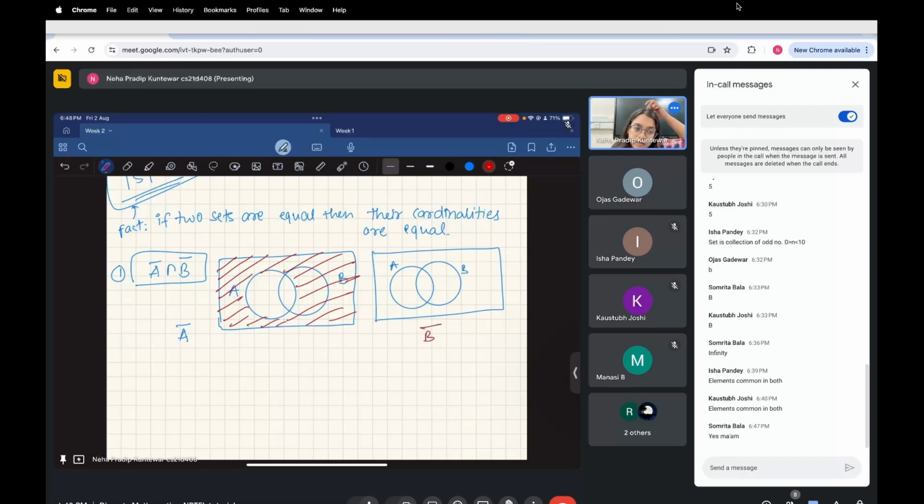Ma'am, B complement will look like the area shaded outside the area of B. Yes, that is correct. This shaded area is what B bar would look like. Now we have A bar and we have B bar. So what would A bar intersection B bar look like?